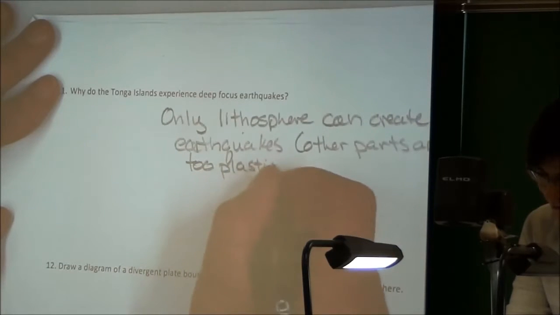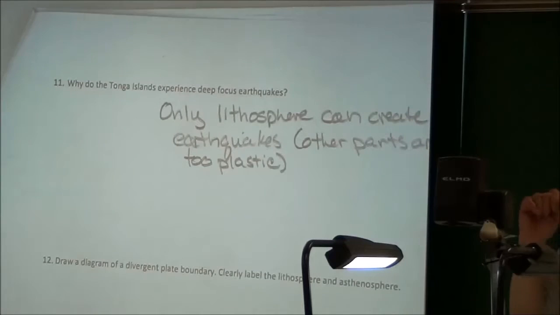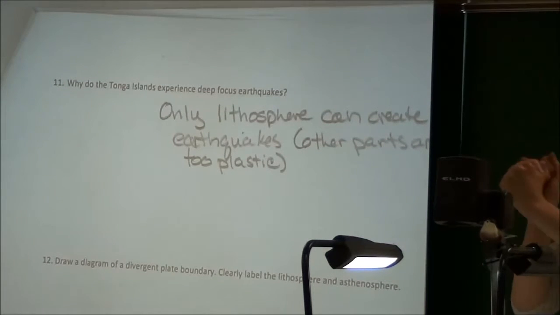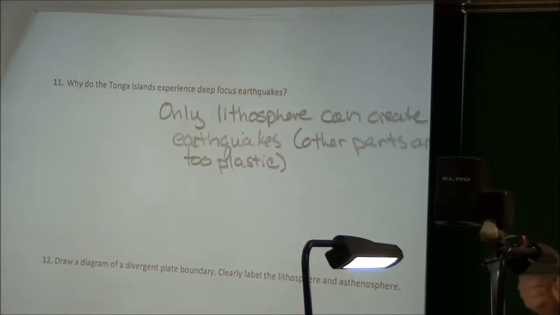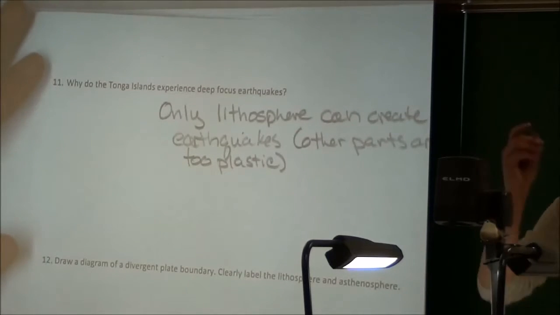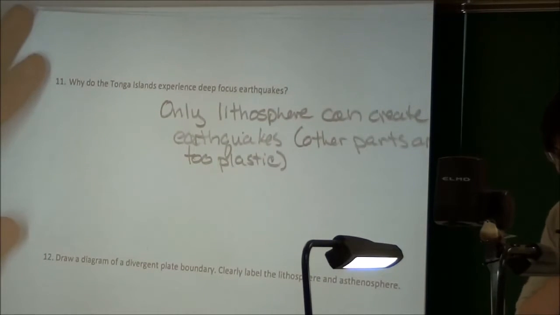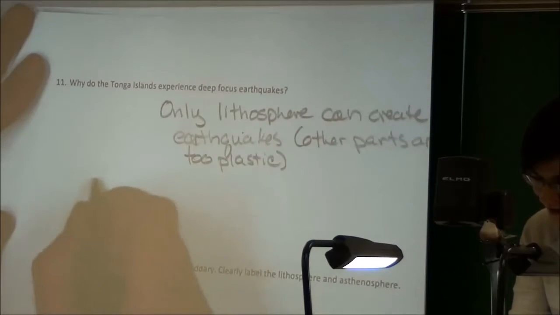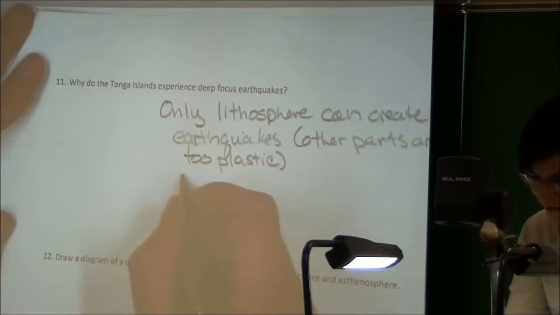In other words, they're not rigid enough, okay? You have to have something shivering and breaking. That rigidity is necessary for earthquakes to form. It's on a convergent plate boundary. So Tonga Islands is on a convergent plate.